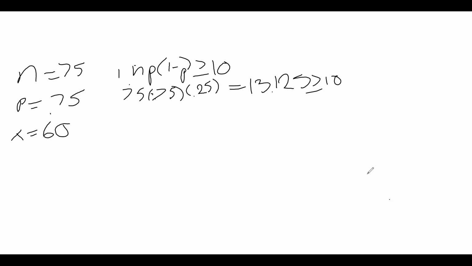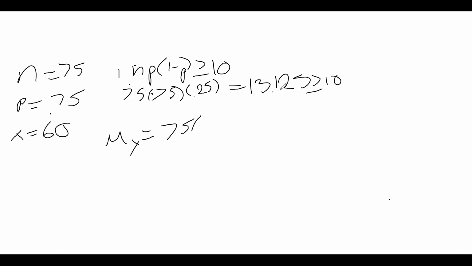Okay. So now we're going to find the mean, which is going to be n times p, so 75 times. But what's weird is that for the problem before, we did np times 1 minus p for the mean, but that's not what the book says.